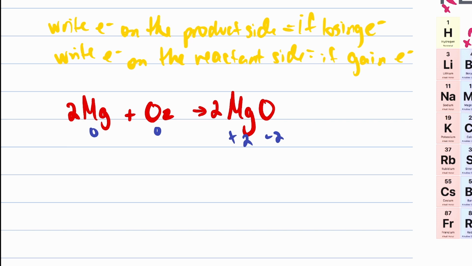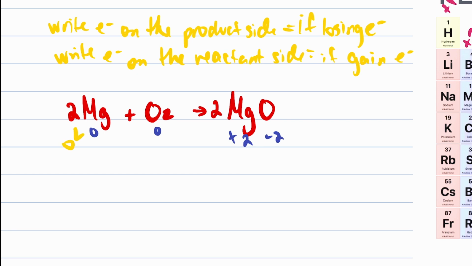You could think about it as charge or oxidation number, whatever. So we've got 2 magnesium, oxidation number 0, so 0 times 2 is still 0, right? We just got 1 of O2 or dioxygen.